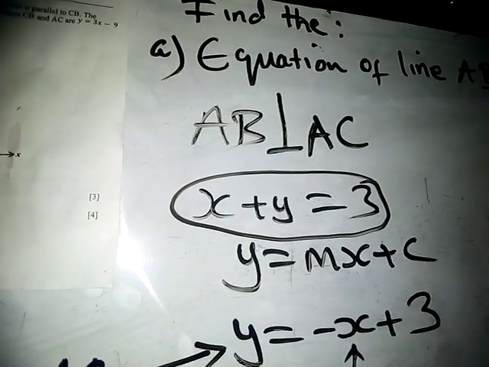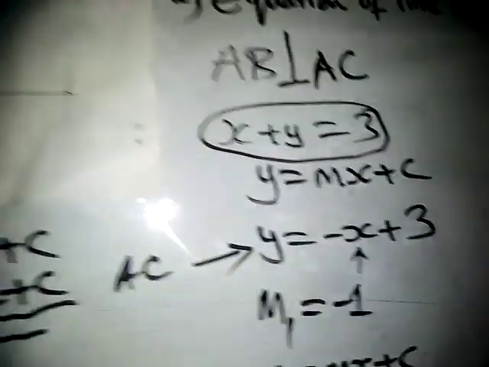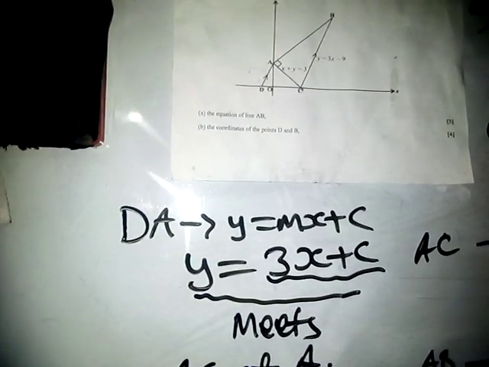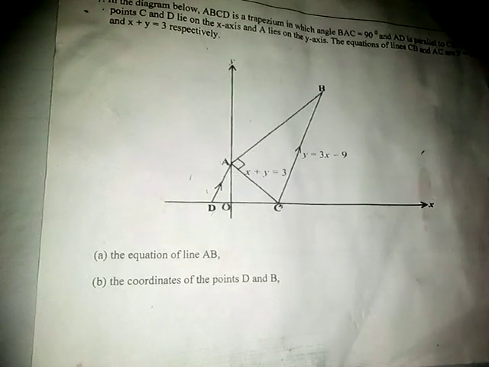Yes, they meet at 90 degrees, just like we saw in this question. This is simply how you go about answering question A: find the equation of line AB, easily calculated.